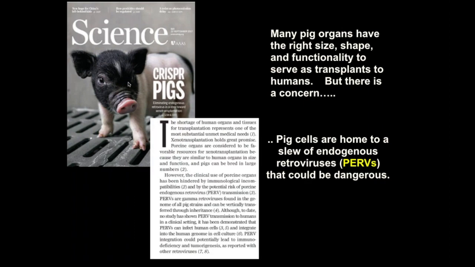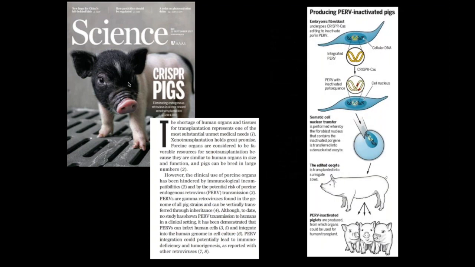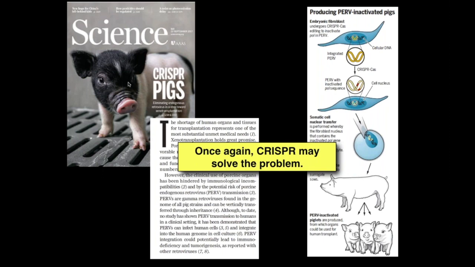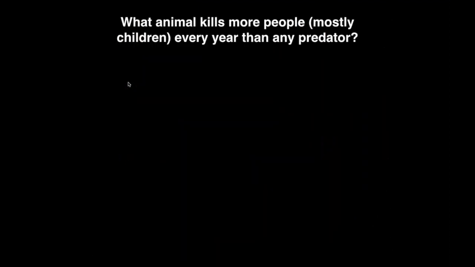A number of scientists have figured out a way to find the DNA sequences in these retroviruses and use CRISPR to inactivate them so that none of these viruses are active. And once again, CRISPR might just solve the problem, in this particular case of making pig organs safe to transplant into humans. Just something to think about.